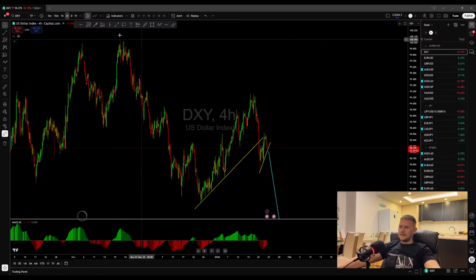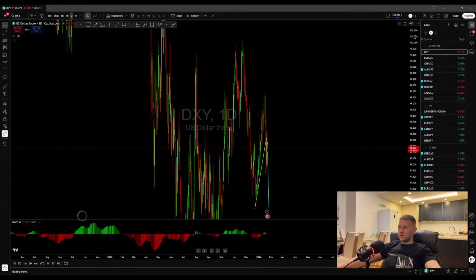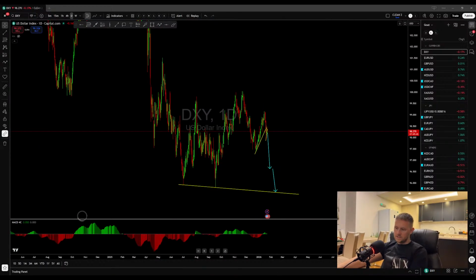So here we are with the dollar. I will start with the dollar. I would like to see what the dollar is doing, and then I can see and forecast the rest of the market, because I do believe that the dollar is the leader of the economy. It's driving and leading the economy. The dollar moves are connected with major pairs, and majors are connected with the cross currencies.